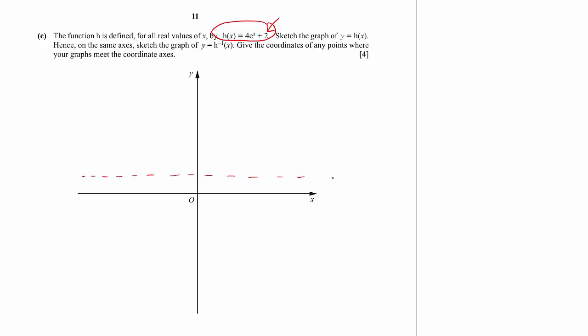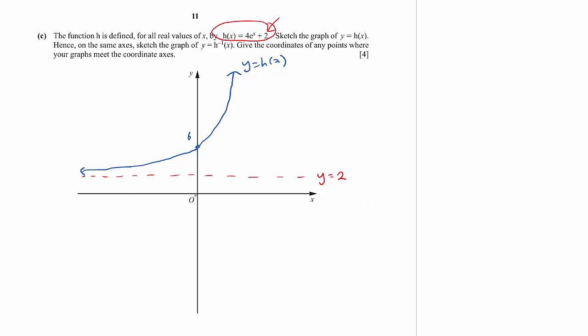So we'll pop on here the line y equals 2. If x is 0, e to the 0 is 1, so that's 4 plus 2. So that's going to cross here at 6. But then we know the shape of an exponential, so it's going to do something like this. So that's going to be y equals h of x.